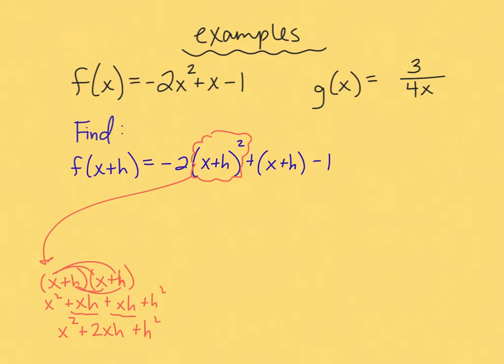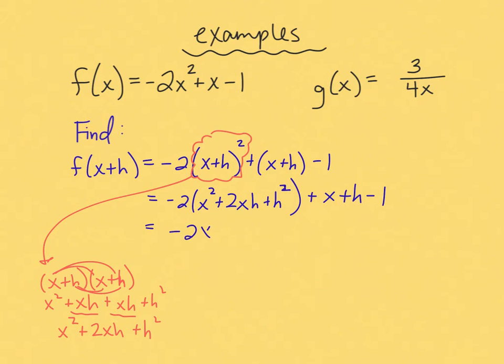So we'll go back to our original. And this is x squared plus 2xh plus h squared plus x plus h minus 1. We'll distribute the -2.